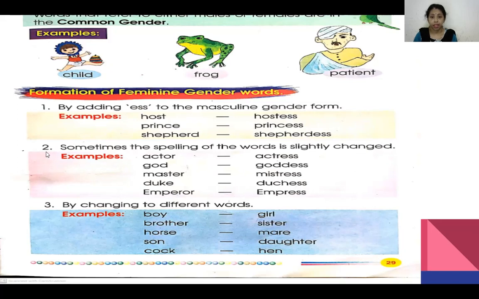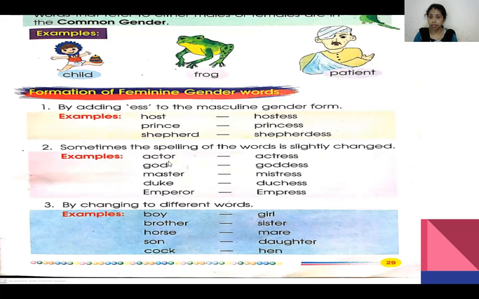Now the second rule. The second rule is telling that only adding E-double-S is not enough. Sometimes the inner spellings also change when we change masculine gender to feminine gender. Like the first example, actor, A-C-T-O-R, actor.